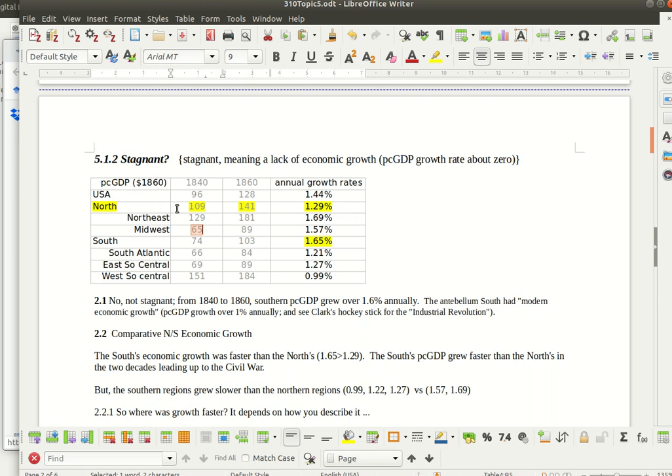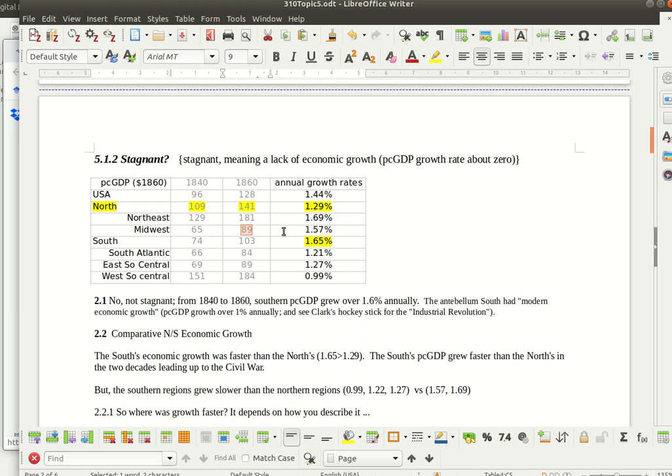Well, then we'd see a decline in the North's per capita GDP down to the Midwestern level of 65. Or, if there'd been growth over the 20-year period, then maybe we imagine a complete migration out of the Northeast into the Midwest, but that would result in the North's per capita GDP being only $89.